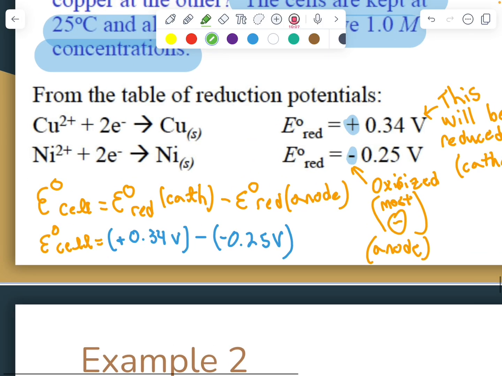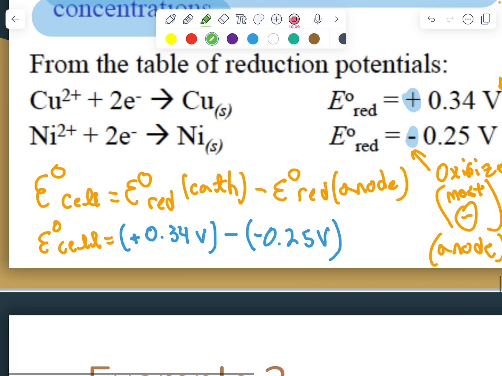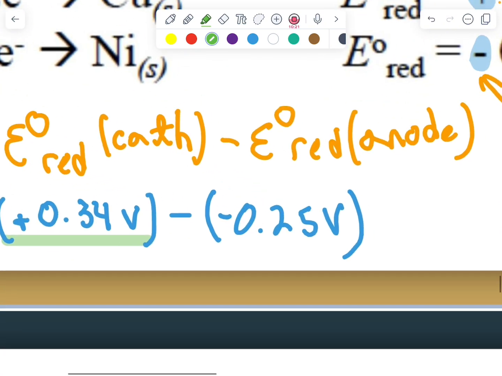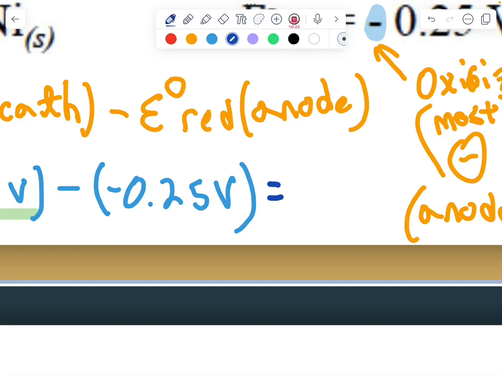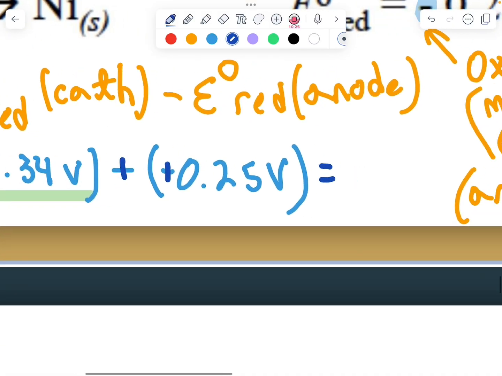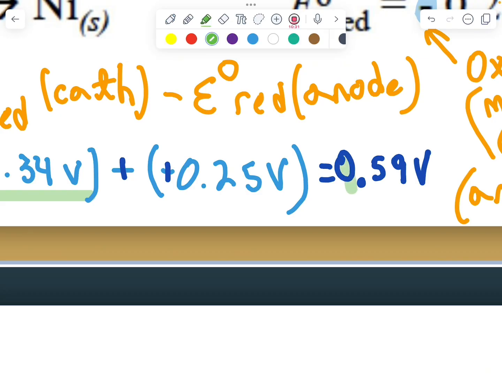We do the reduction at the cathode because it's the most positive, so we substitute in the 0.34 volts, and then subtract the negative 0.25 volts, which would be plus, so that equals 0.59 volts for our overall standard potential of the cell.